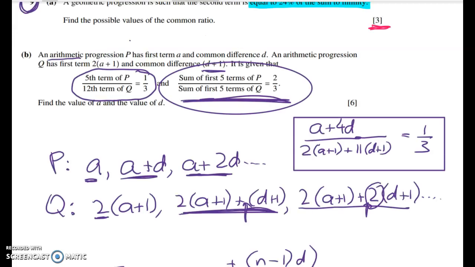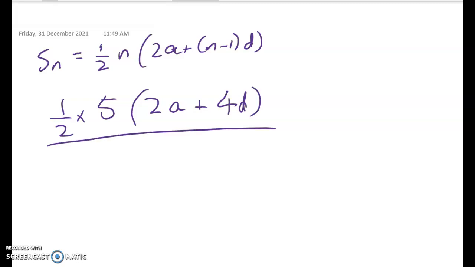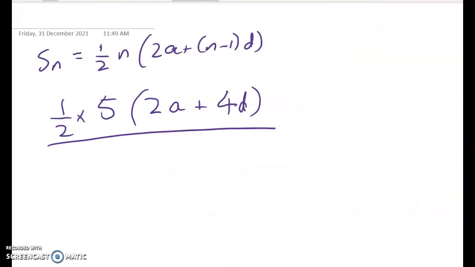So the sum of the first 5 terms of P is going to be a half times 5, and then we're going to have pretty straightforwardly 2a plus 4d over the sum of the first 5 terms of Q, right? So Q has got that for the first term and that for the common difference.